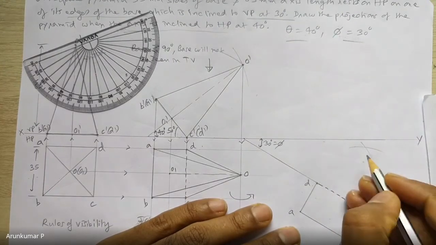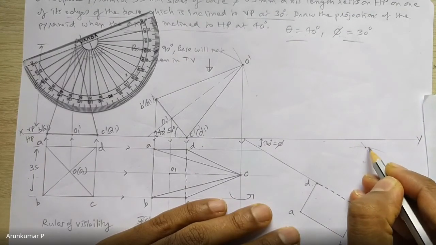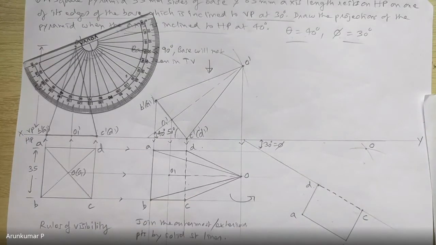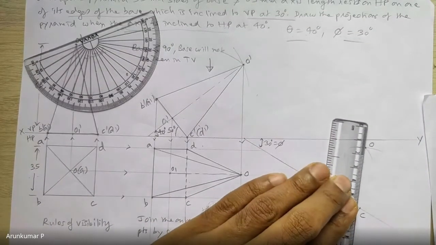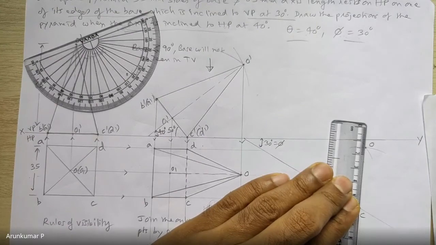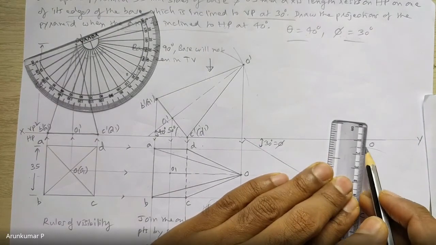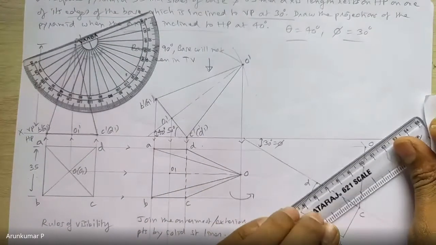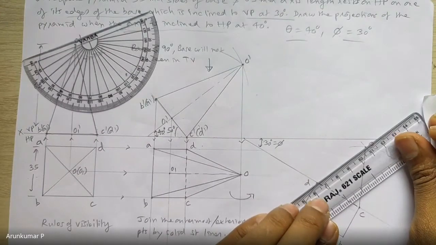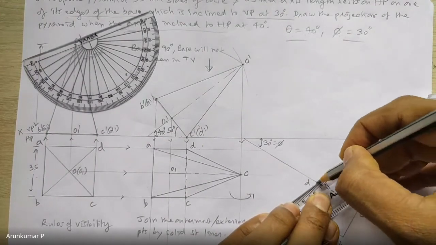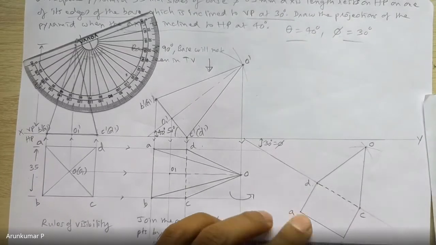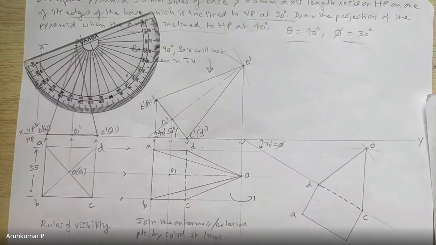So you'll get O here, very near to XY line. Join them, C to O and D to O, and complete the second step, top view inclined by 30 degrees in the third step.